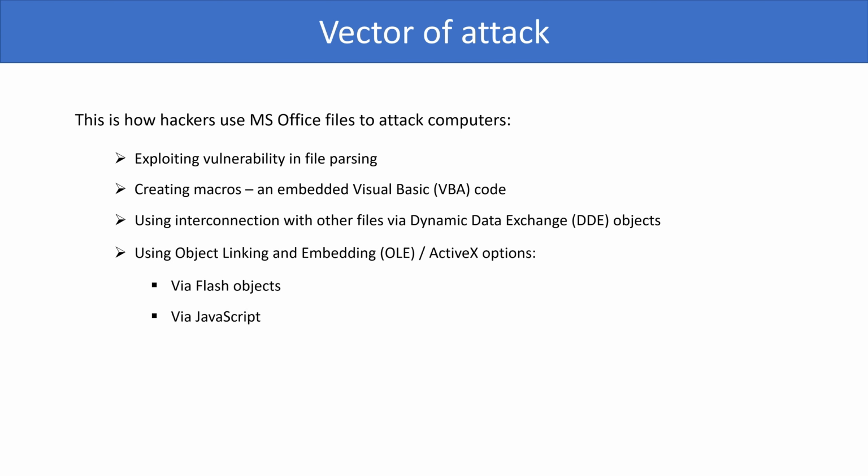Lately, the use of DDE and OLE objects has also gained popularity. Dynamic Data Exchange, or DDE, is a protocol developed by Microsoft for dynamic data exchange between different files and programs. For example, you create a text document in Microsoft Word and insert a table from another Microsoft Excel file. Moreover, you continuously update this table.